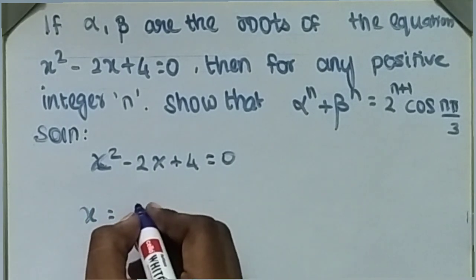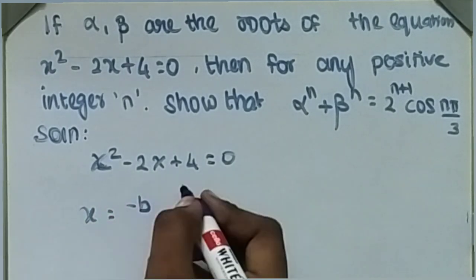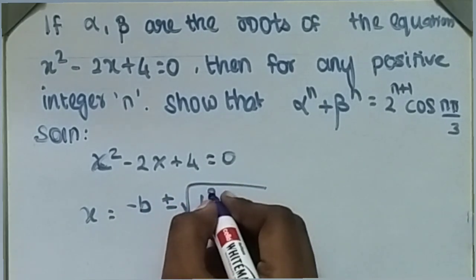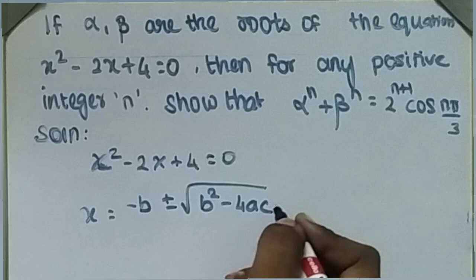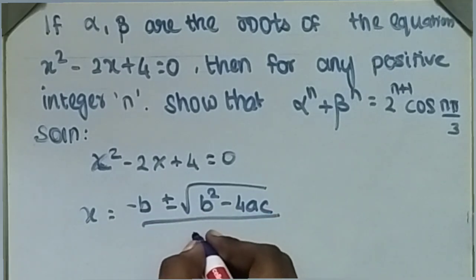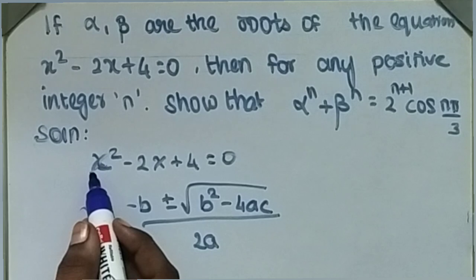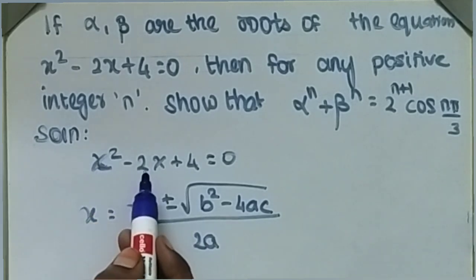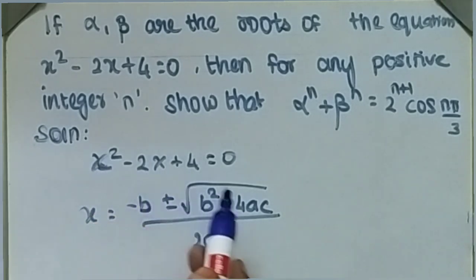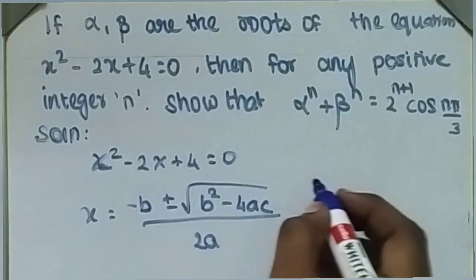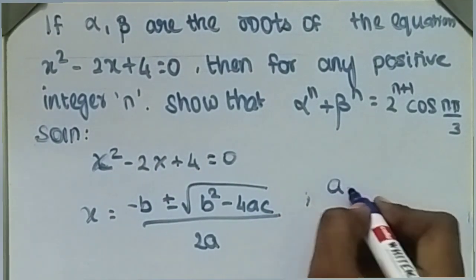x equals, there is a formula, right? Minus b plus or minus square root of b squared minus 4ac, by 2a. Here a is the coefficient of x squared, b is the coefficient of x, and c is the constant. So from this equation, what is a?